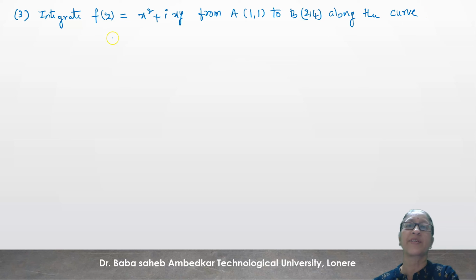Here the parametric curve is given: x equal to t, y equal to t square.